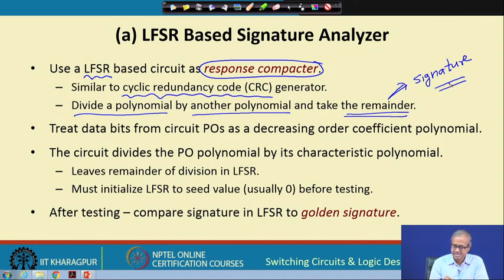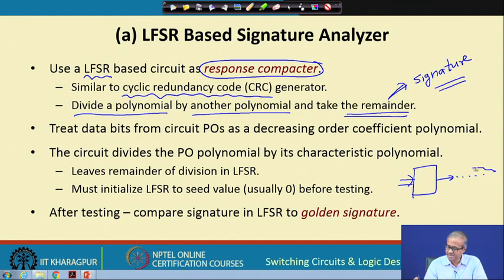You see, the circuit output is generating some data. We are applying input patterns one by one. In the output, bits are generated. Now, these bits are treated as coefficients of a polynomial in decreasing order. So, we will take an example, and we have a compaction circuit based on LFSR. What will the compaction circuit be doing?